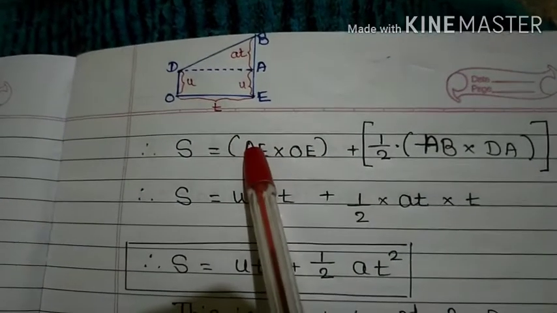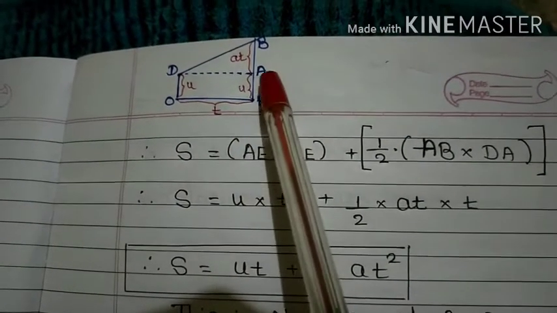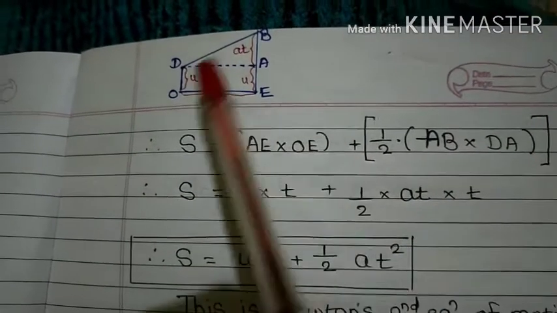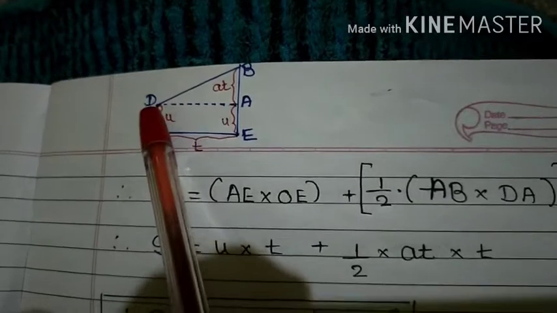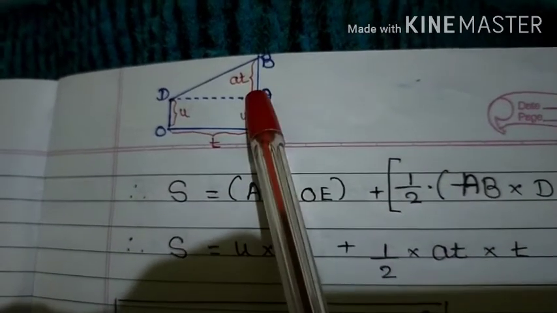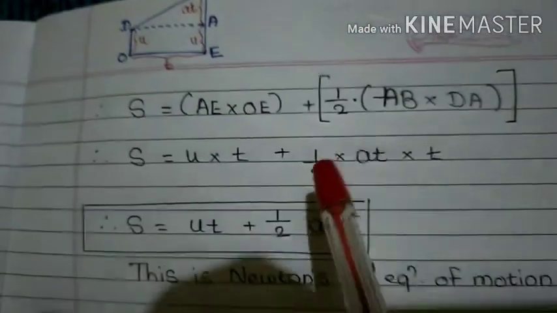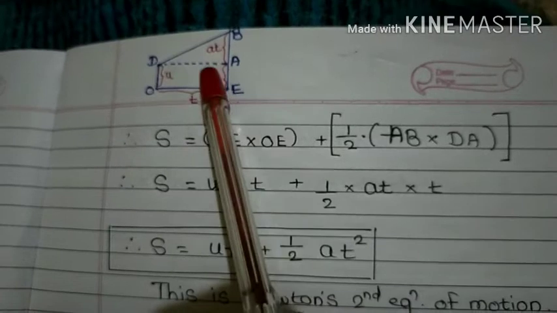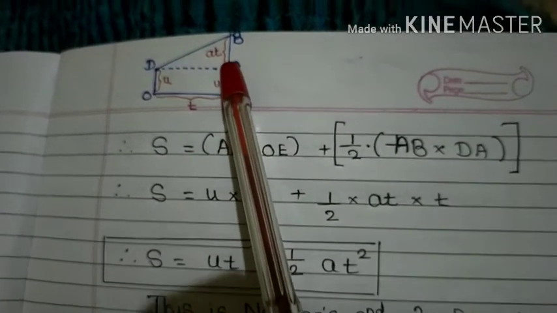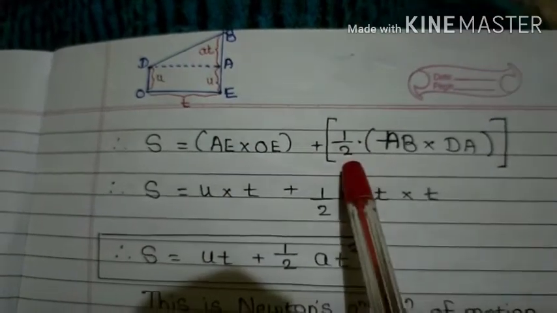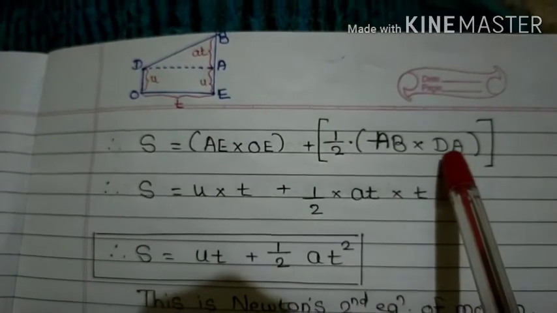So, the same thing we mention, length into width, plus to find the area of this triangle DAB, which is a right angle triangle, having the formula half into the base into the height. We can consider this one as the base or this one as the base. So half into the base into the height.